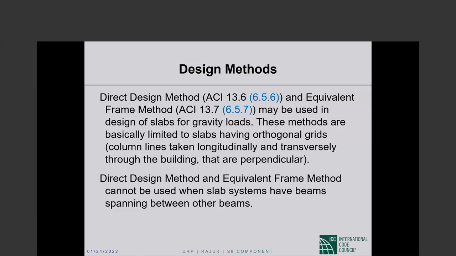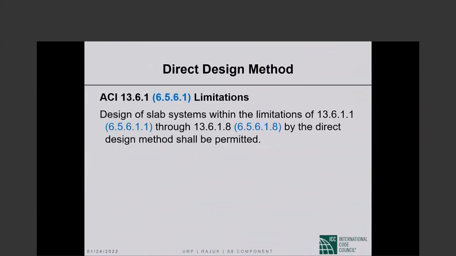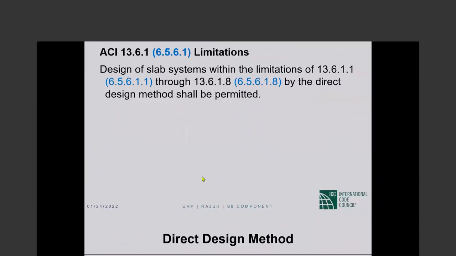It is just prescriptions for the computer programs. Okay, now this direct design method, which is what we will discuss for a while now, is applicable subject to certain limitations. Limitations are given in those sections 13.6.1.1 through 13.6.1.8.